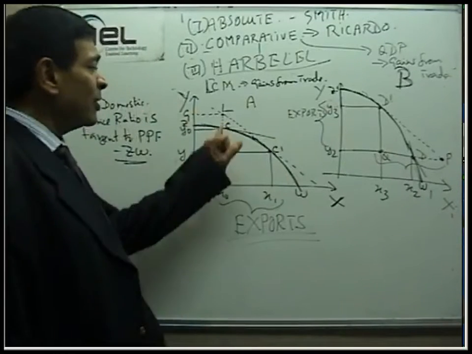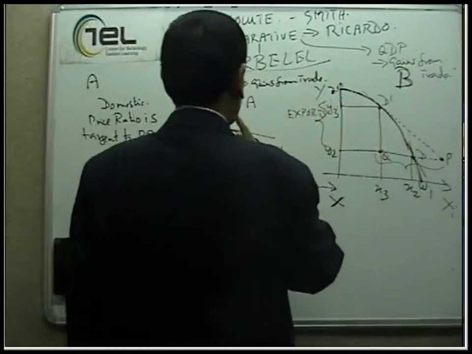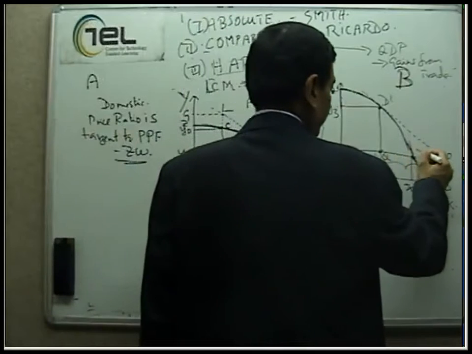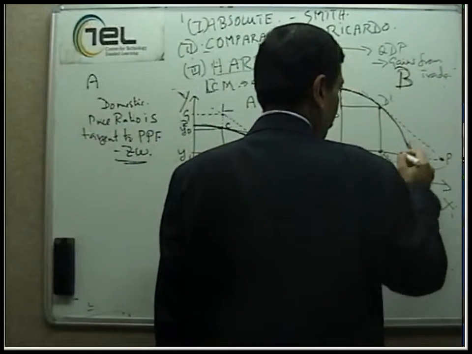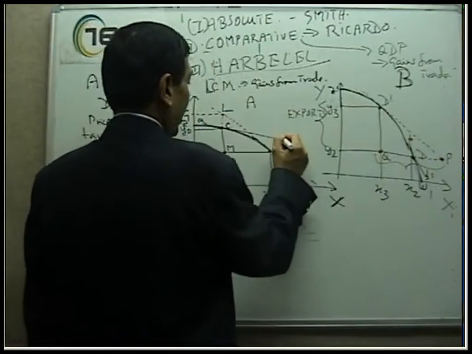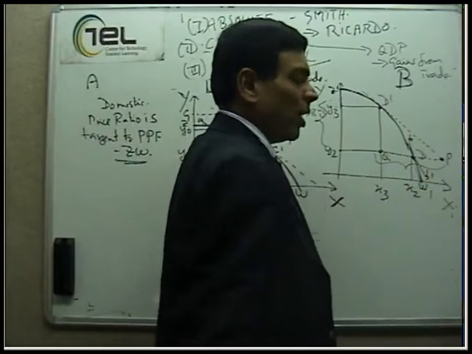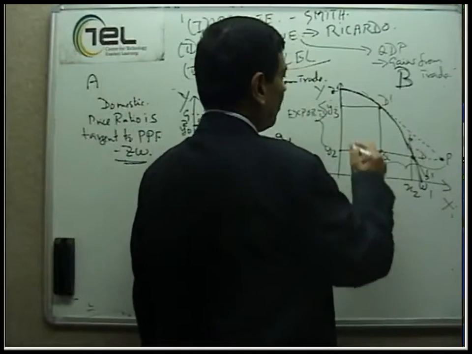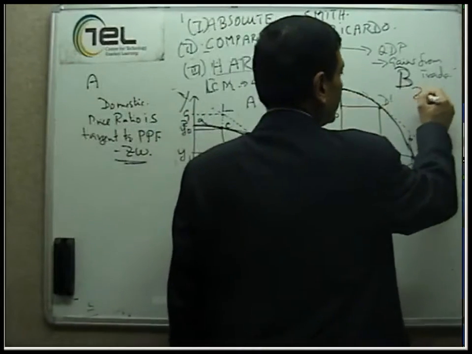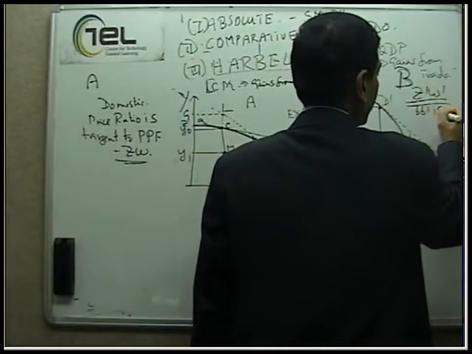Now for country B, the equilibrium is given by point D, where the relative price ratio, let's call this B, B1. And in this case, let's call it A, A1. So here it's A, A1, and this is B, B1, where B, B1 is tangent to the production possibility frontier Z1W1.